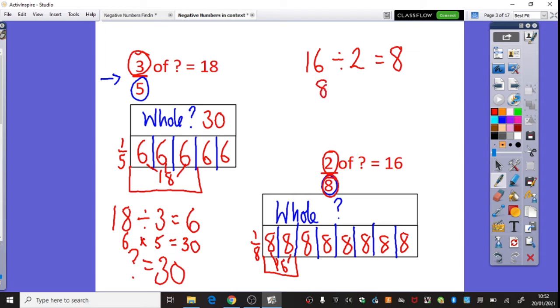So we're looking at 8 multiplied by 8 gives us a total of 64. So what we've actually done is the opposite to what we were doing before. We've divided by the numerator first, and then we've multiplied by the denominator to find the whole.